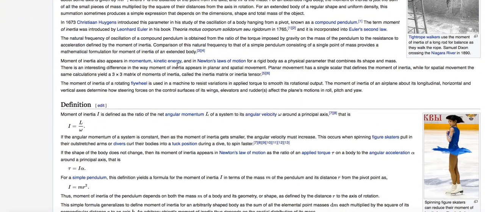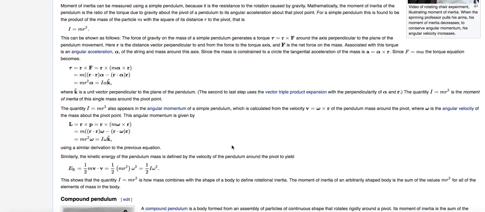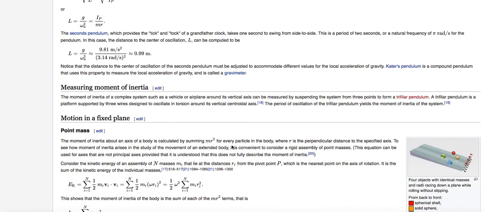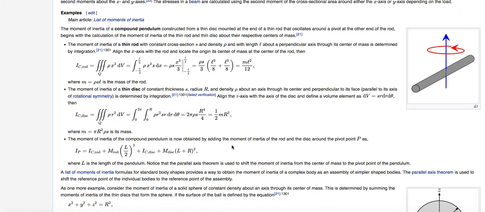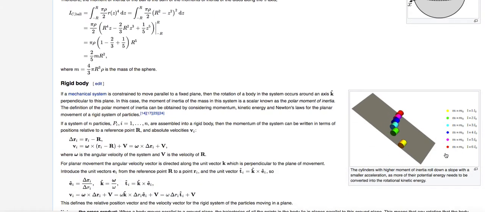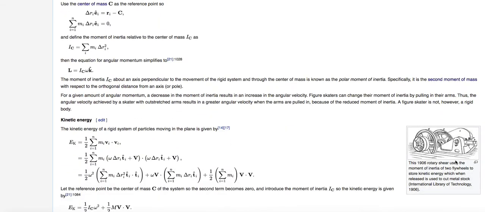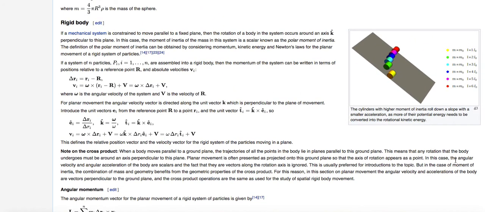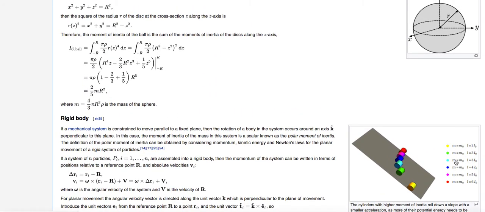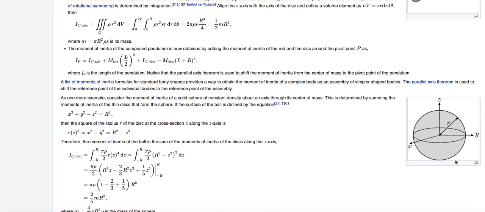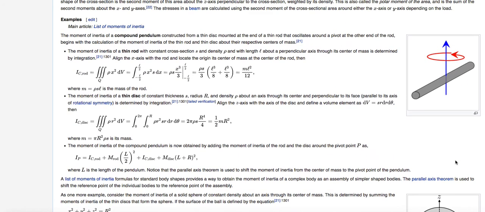But in this case, we have moments of inertia of simple shapes, like, I hope, this rod rotating, or objects of different moments of inertia. Oh, unfortunately, we don't have it here, but for this rod we have a thin disk, of constant thickness and given radius.